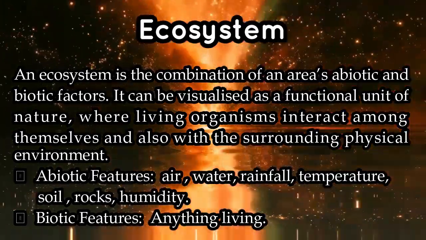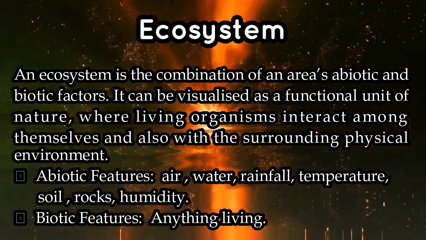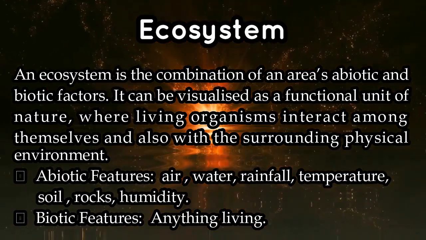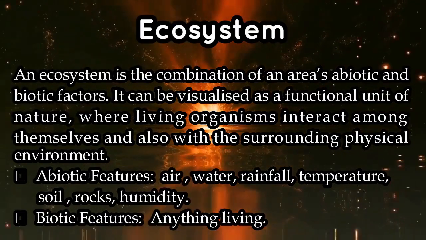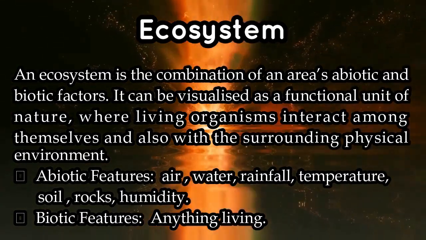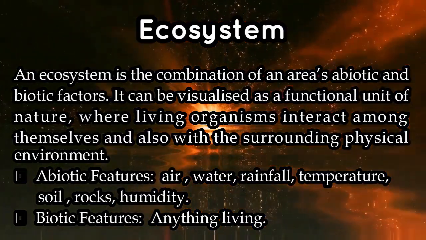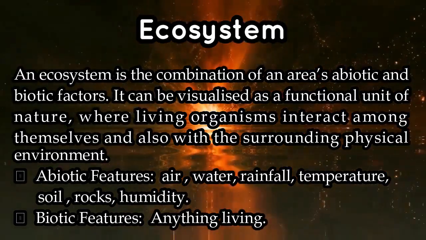Now as you can see, it is written that abiotic features contain air, water, rainfall, temperature, soil, rocks and humidity, whereas the biotic features contain anything and everything that is living. So living beings are basically contained in the biotic factors.